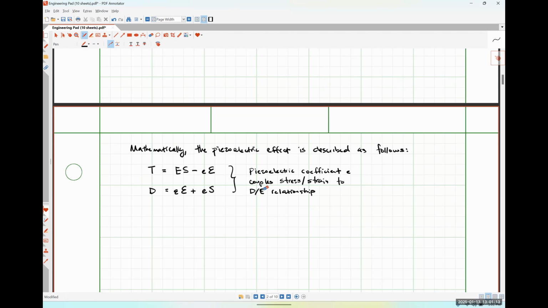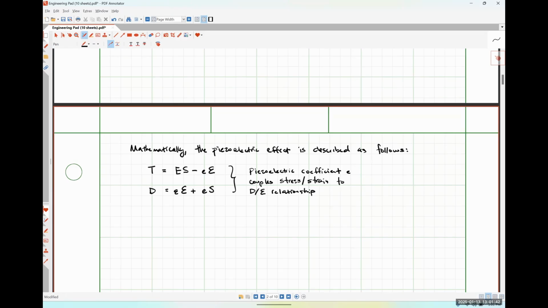And let me actually write this E as the script E, where that capital D is the displacement field vector that you guys hopefully maybe remember from your electromagnetic field theory courses, and the script E is the electric field vector. So displacement field D is equal to epsilon times electric field, hopefully should be familiar to at least all you electrical types in here.